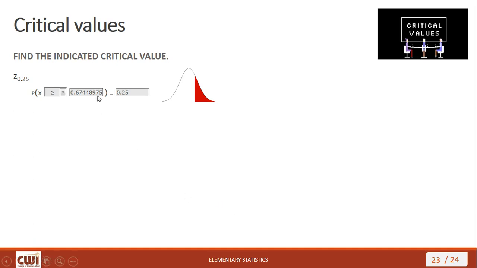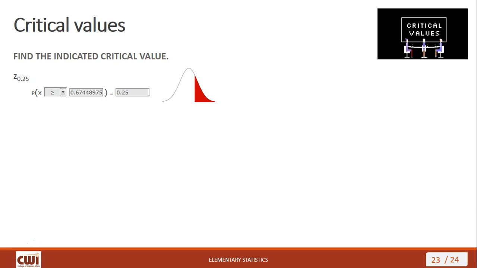Remember that the z-score appears here on the left, and the area under the curve, or the probability, is on the right side of the equal sign. So we're going to take that 0.25, put it here where the area goes, and then we're going to calculate this field here. So you want to leave that blank, hit compute, and out comes 0.67.